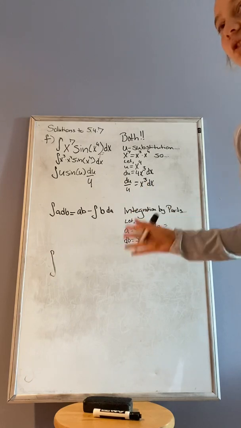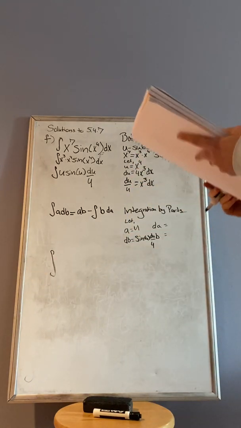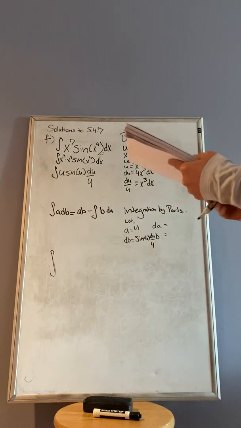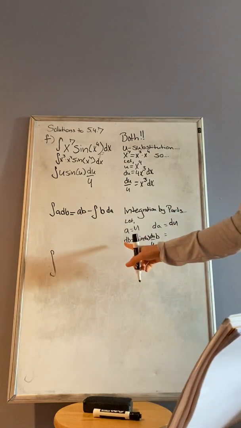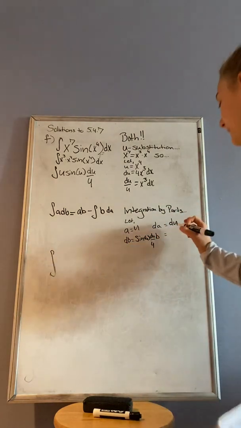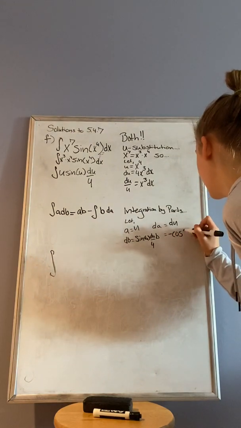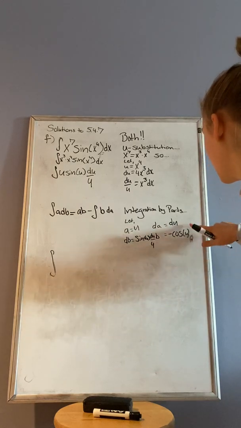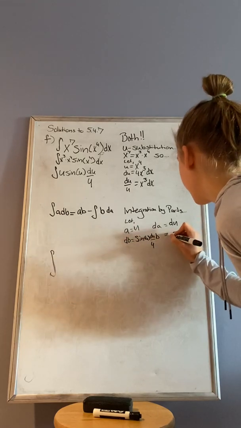So even though this looks a little harder, I'm just going to keep it in here. So then our dA is going to be just the derivative of u, which is just du. And then our b is going to be negative cosine of u, and we are going to have the 1/4 out front.